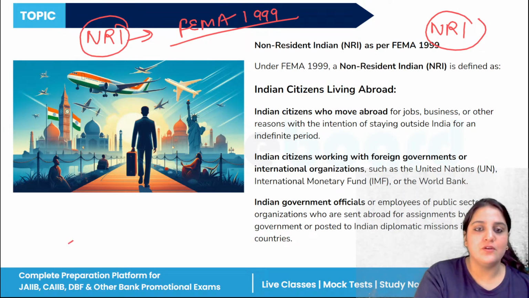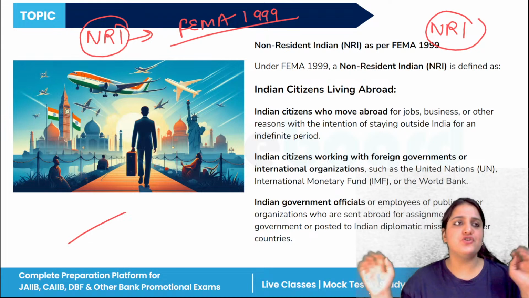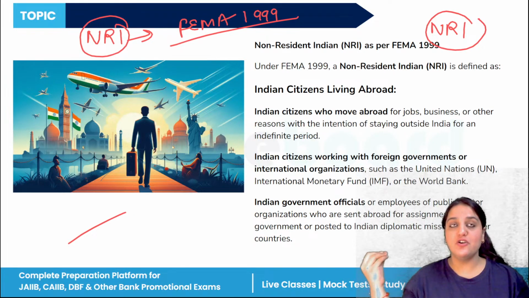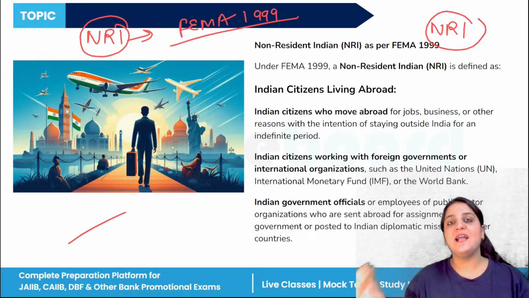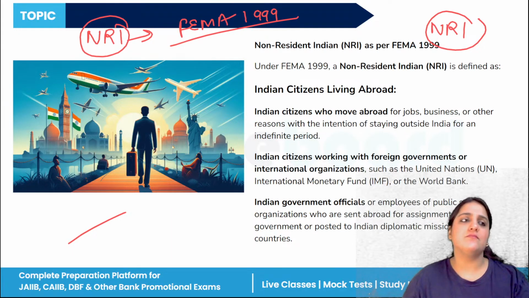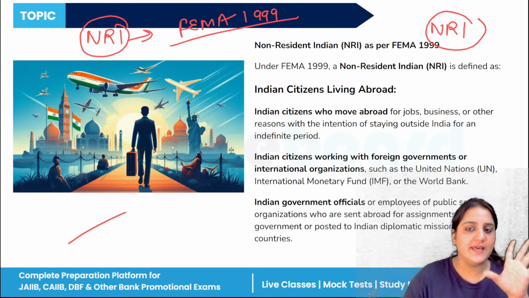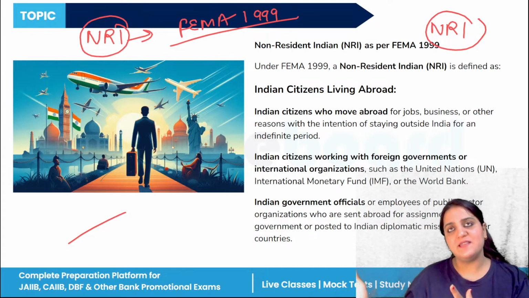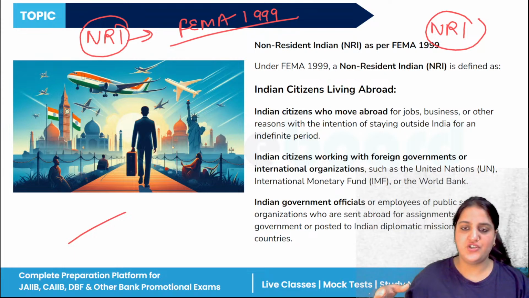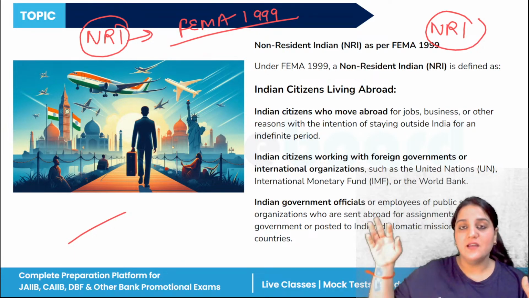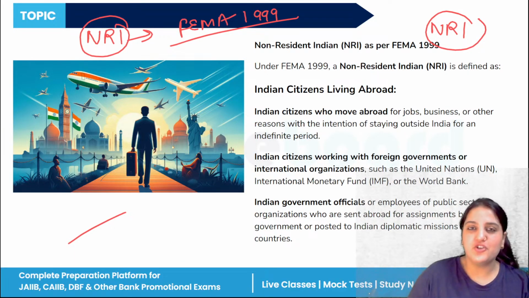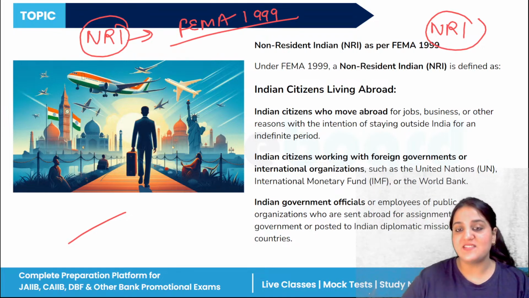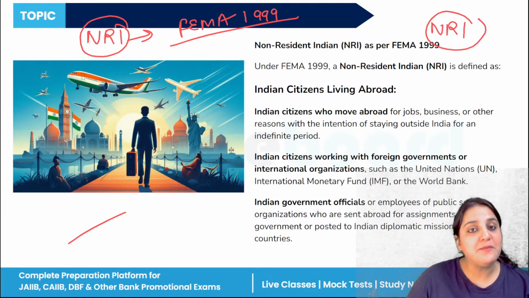Any person who is doing a job with government, or with international organizations like World Bank, IMF, and United Nations, FEMA is saying that person is NRI. Any person who is living abroad doing business, in a government official capacity, or sent abroad for completing a project or some type of assignment by the government, is considered as NRI.